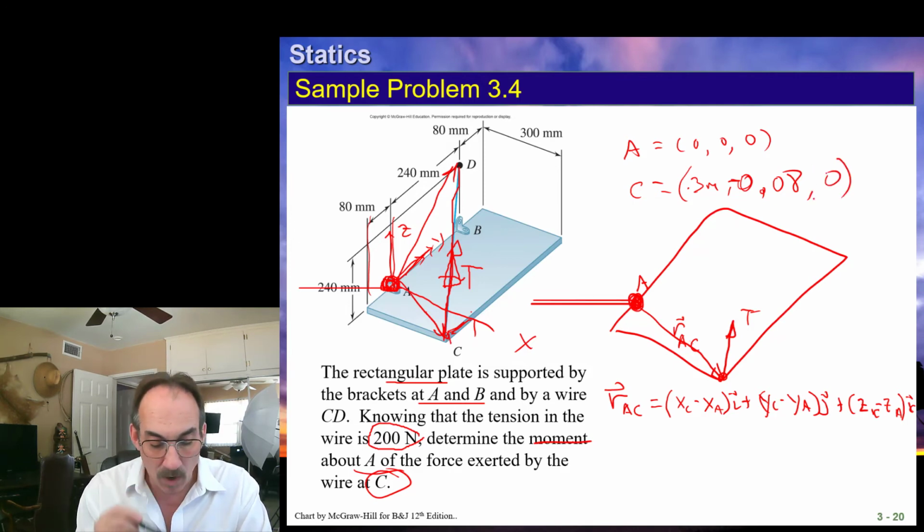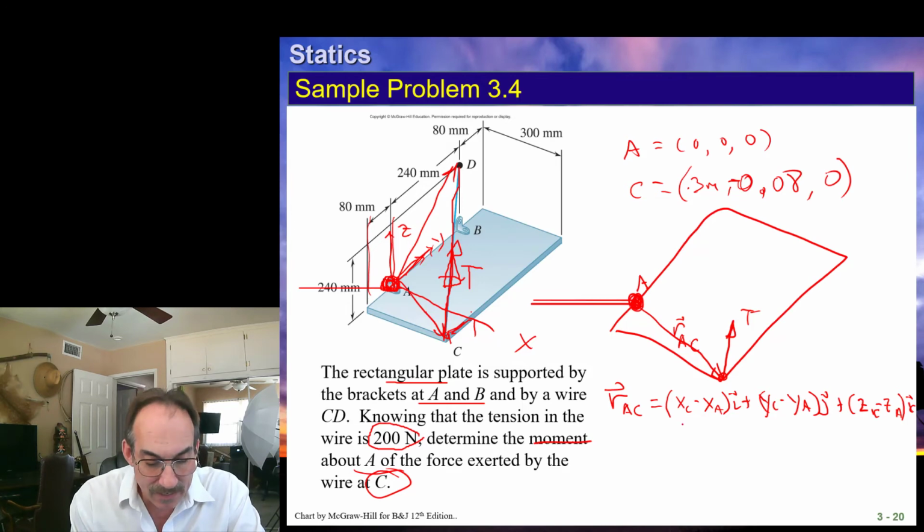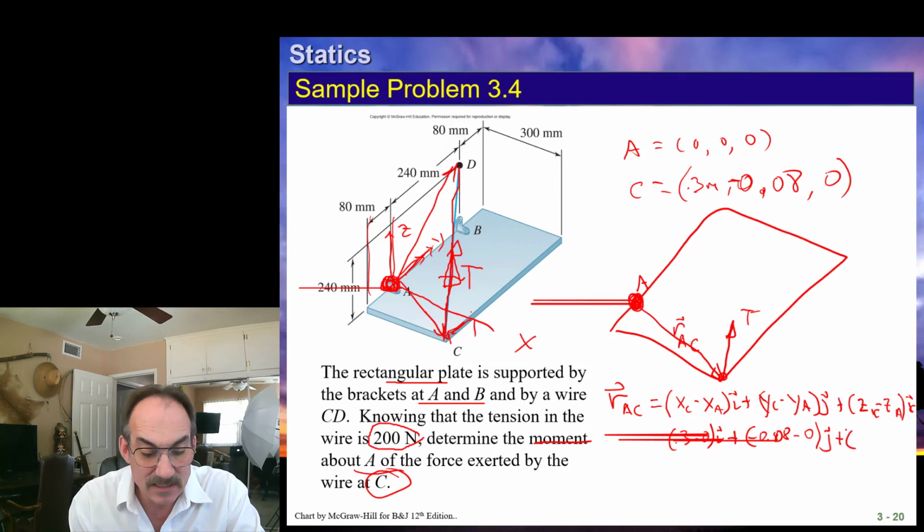So our vector is going to be (0.3 minus 0) i plus (minus 0.08 minus 0) j plus (0 minus 0) k.